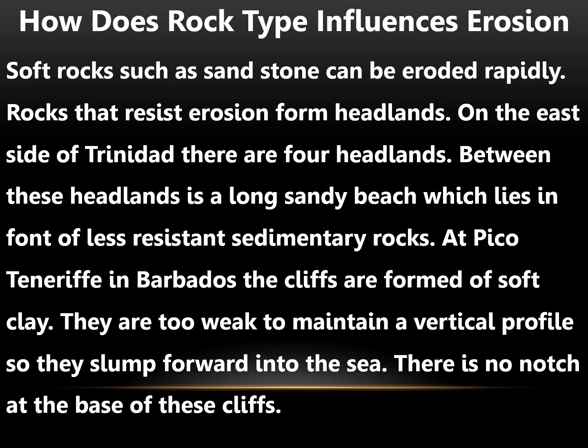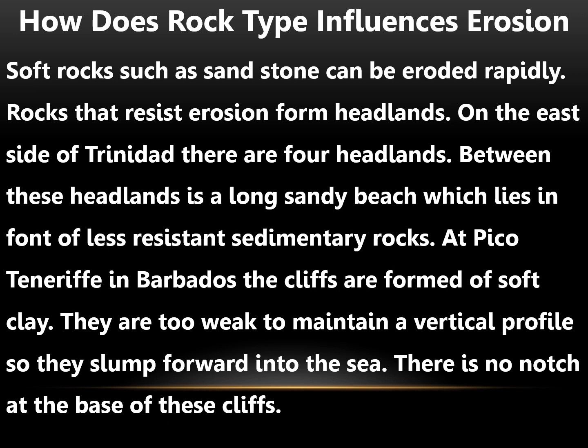The band of hard rock that stands out after the soft rock has been eroded forms what are called headlands, while the soft rocks that are carved out next to these layers of hard rock form bays, and it is within these bays you have beaches being formed. All right, so basically that is how rocks are influenced by erosion.